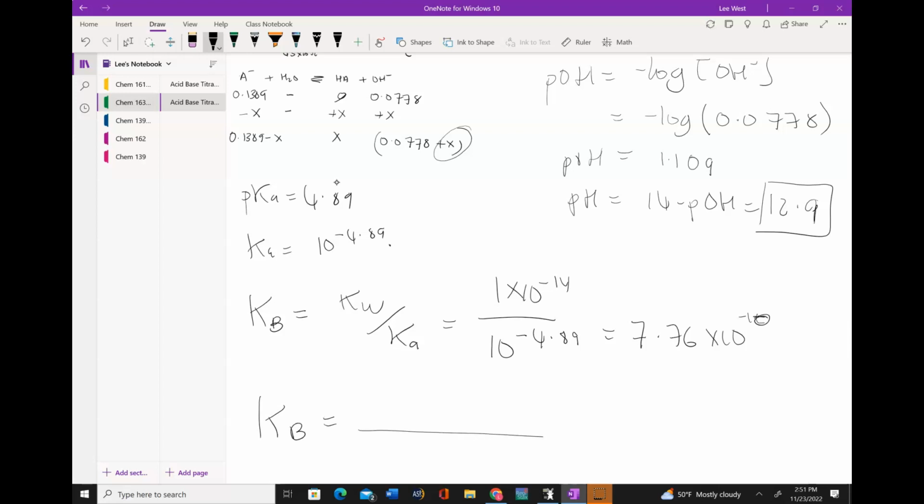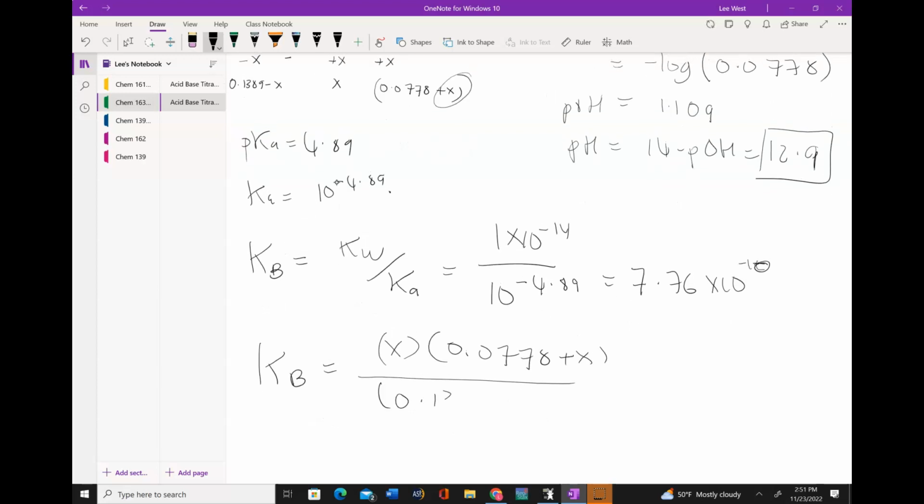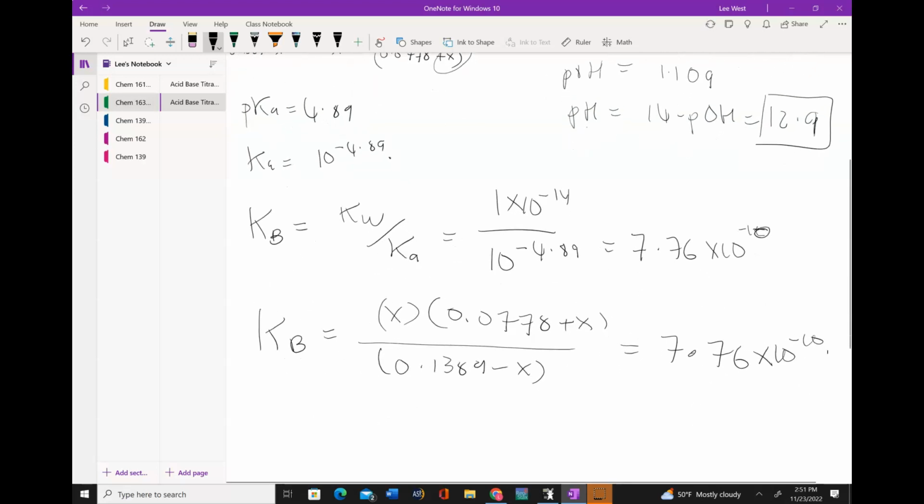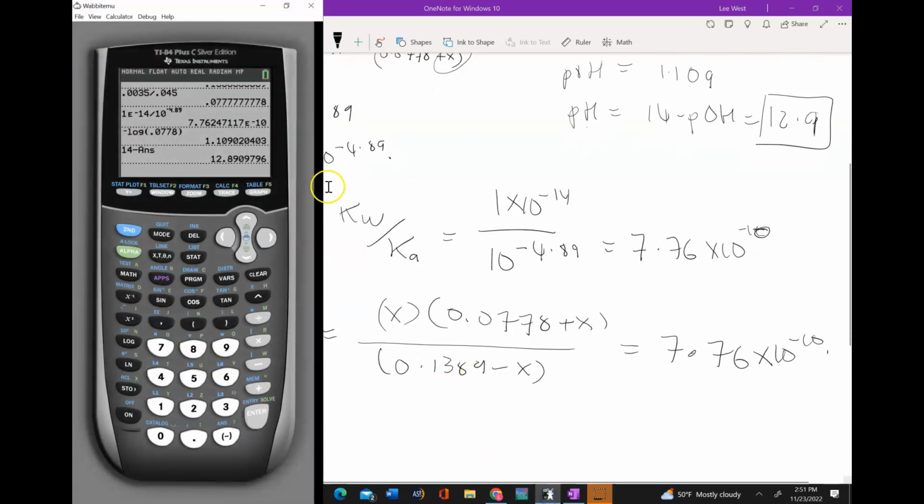Kb will be equal to x lots of 0.0778 plus x over 0.1389 minus x, just using the bottom line of my ICE table there, and then that is equal to 7.76 by 10 to the minus 10. So let's do that.